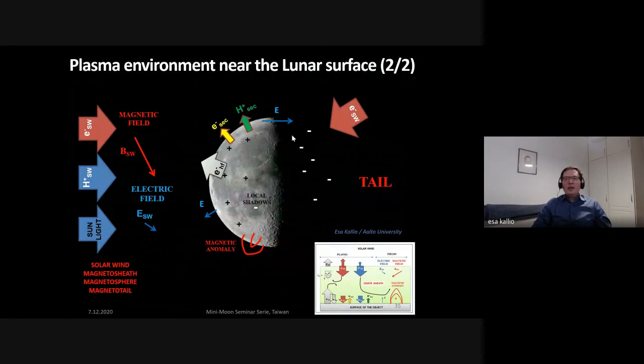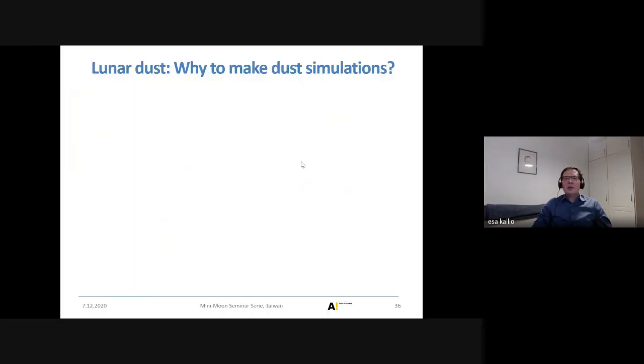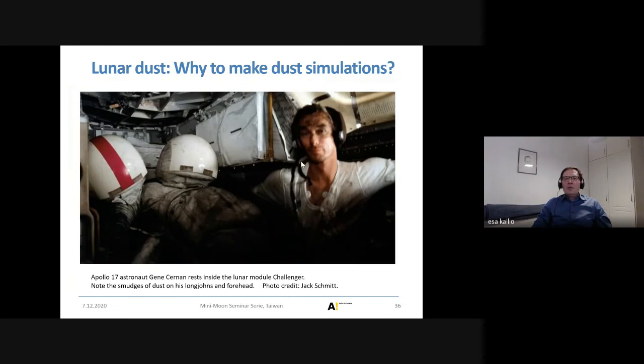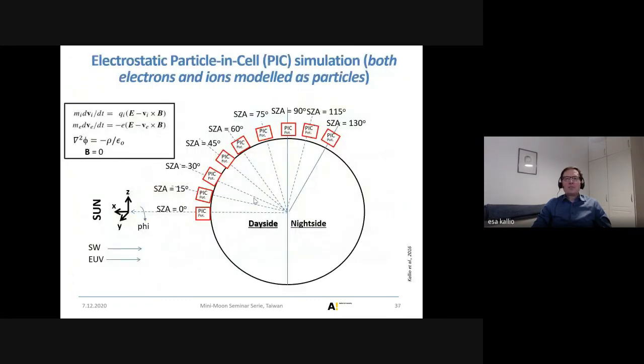If you put that on the map, as you have heard several times, the day side is positive and the night side is negative. You have also had discussion in this seminar series about dust, so you know why dust is important and a critical material for both manned and non-manned missions.